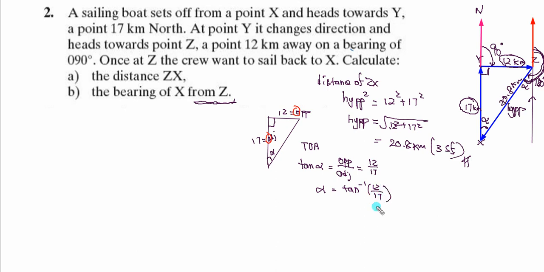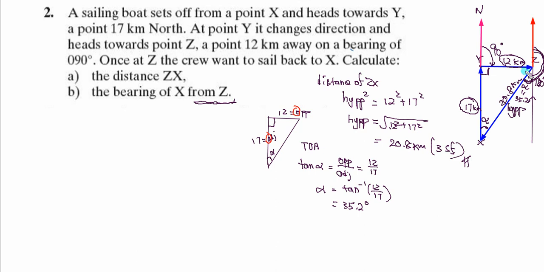With that, let's use the shift key to find the angle. Shift, tangent, 12 over 17, bracket. So this is an angle of 35.21, which to 1 decimal place is 35.2 degrees. So this angle is equal to 35.2.